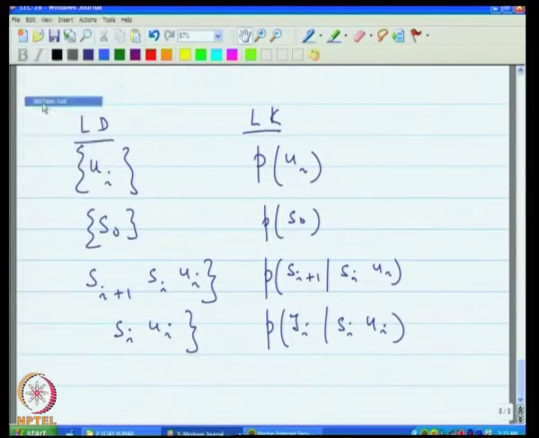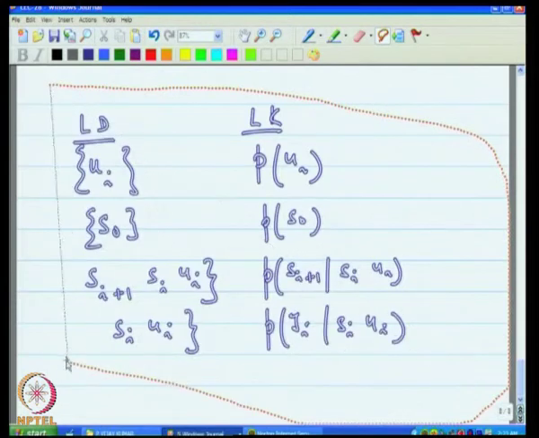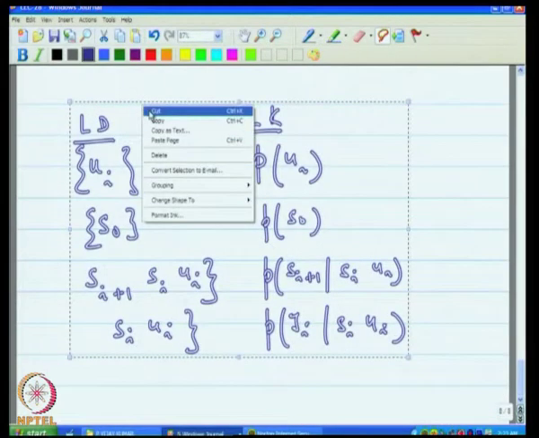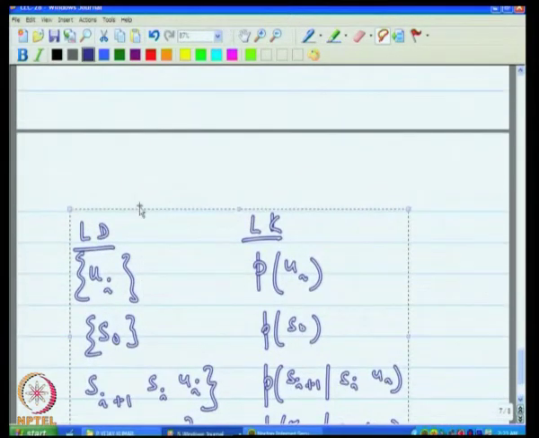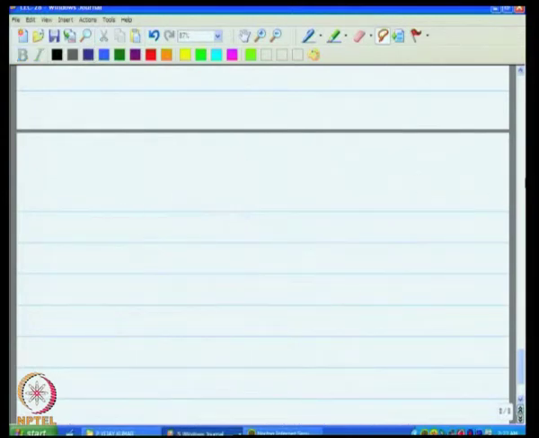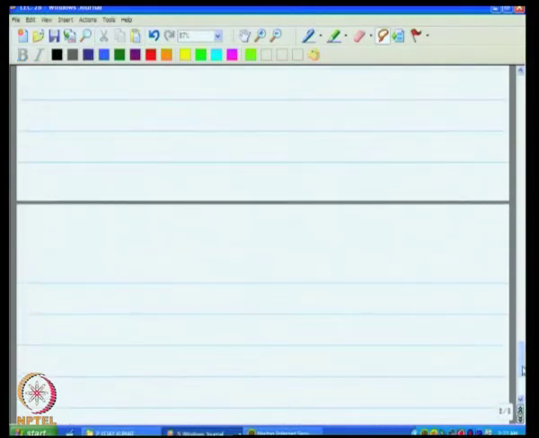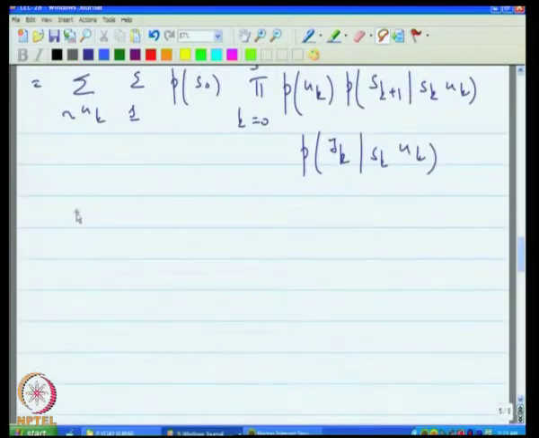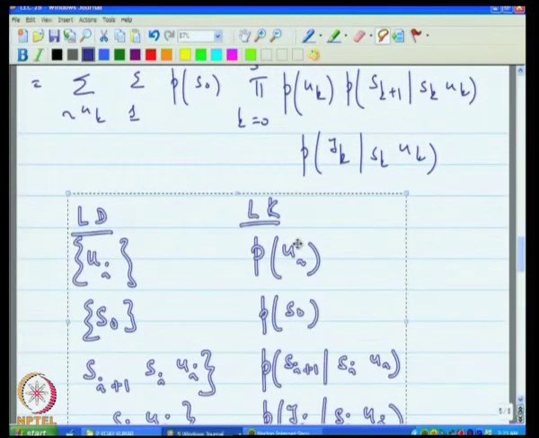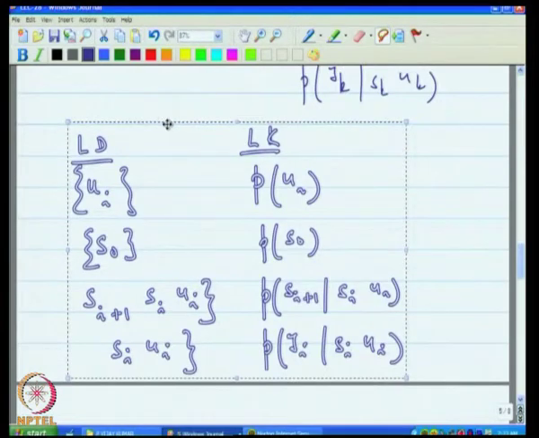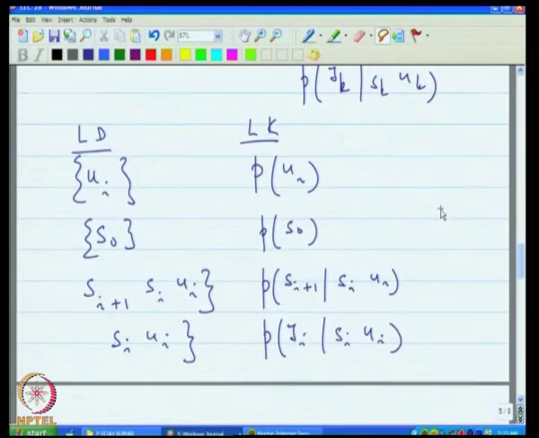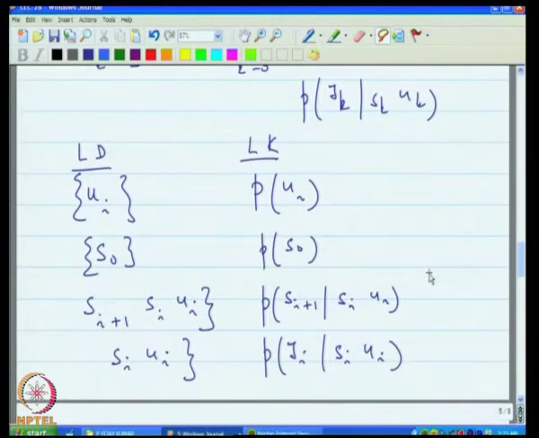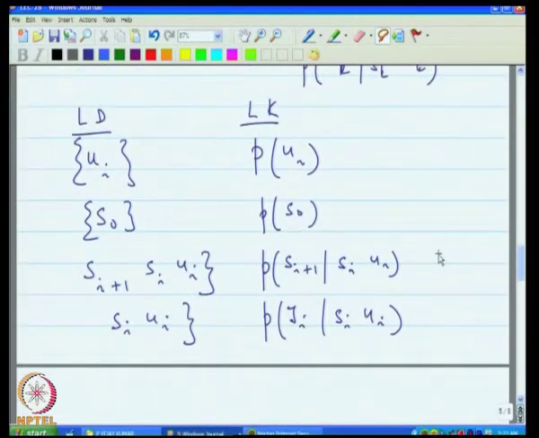So, let me carry those over here. Okay, so for this particular problem, these were the local domains and the local kernels, and now the question is how do you organize these into a junction tree.